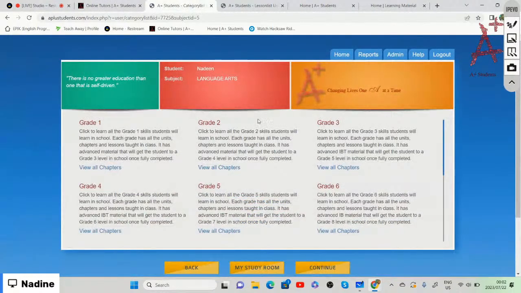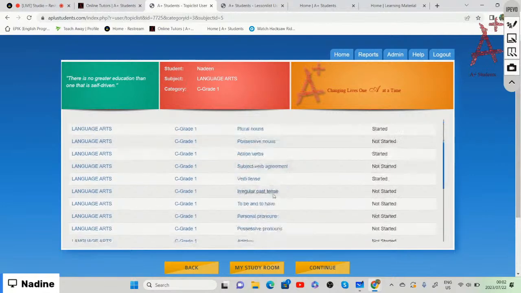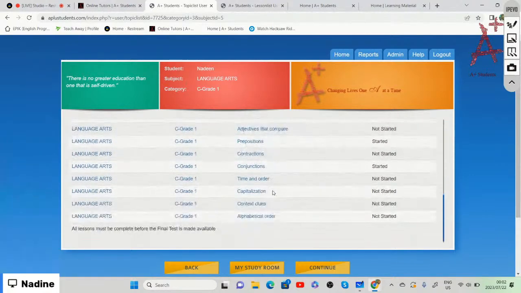As much as it's kindergarten to grade two, let us go into grade one. Once we've gone into grade one, we're going to scroll down until we get to conjunctions.